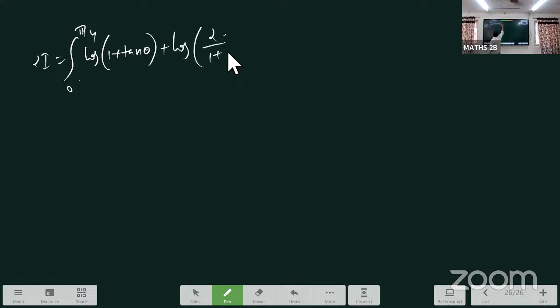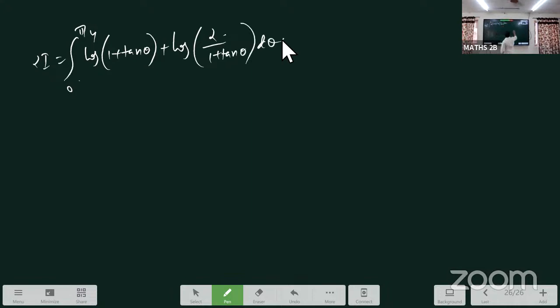That is 2I is equal to the integral from 0 to pi by 4 of log of 1 plus tan theta plus log of 2 by 1 plus tan theta d theta.